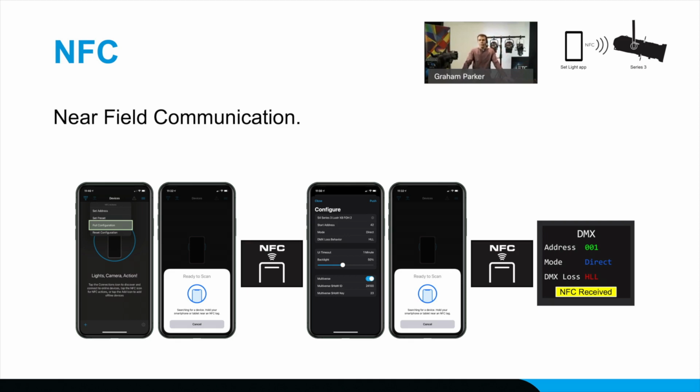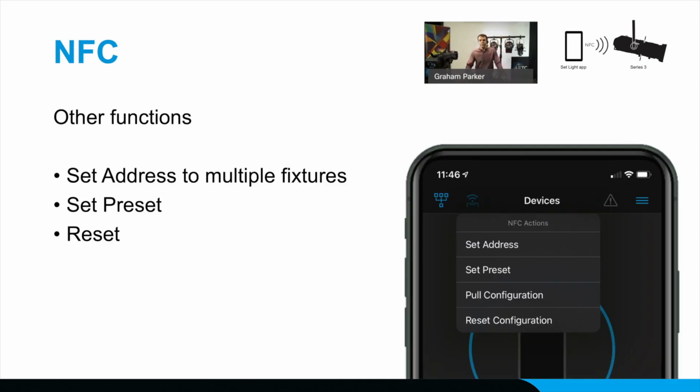So that's what you're going to use there. And some of the functions that you can use here with NFC are to allow you to set one address to multiple fixtures, change presets on the fixtures, so the inbuilt presets within the fixtures, and allow you to play those back, reset to factory defaults and so on. So this is going to be a great tool for anyone who's prepping fixtures.